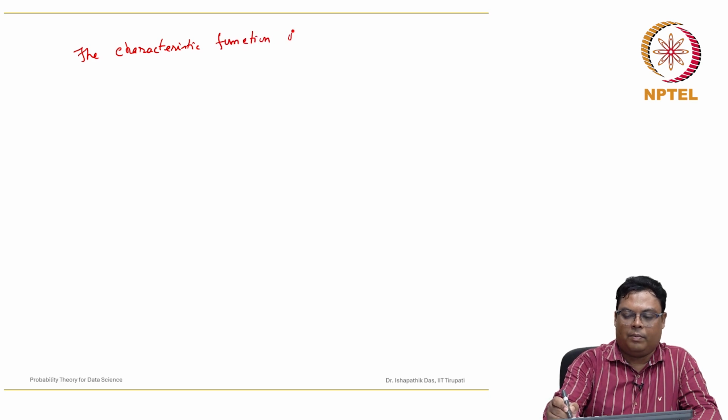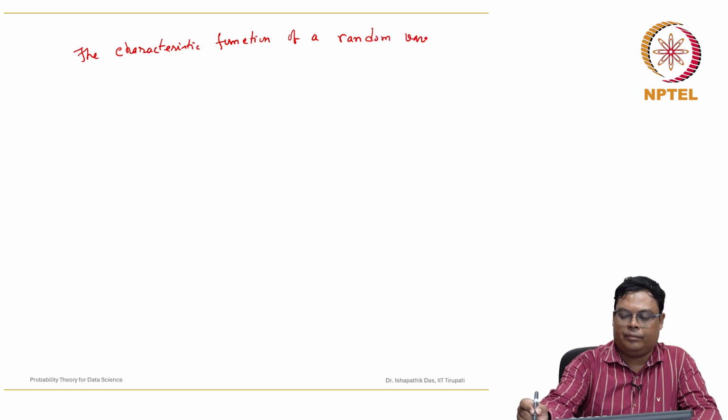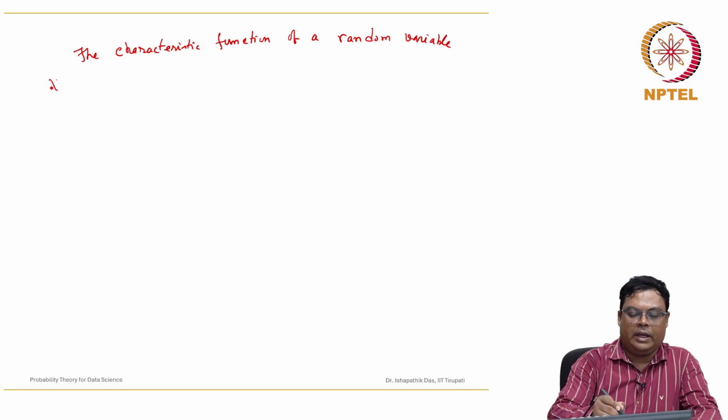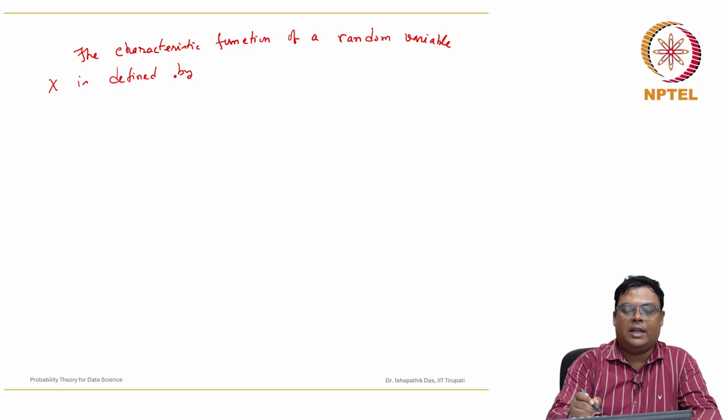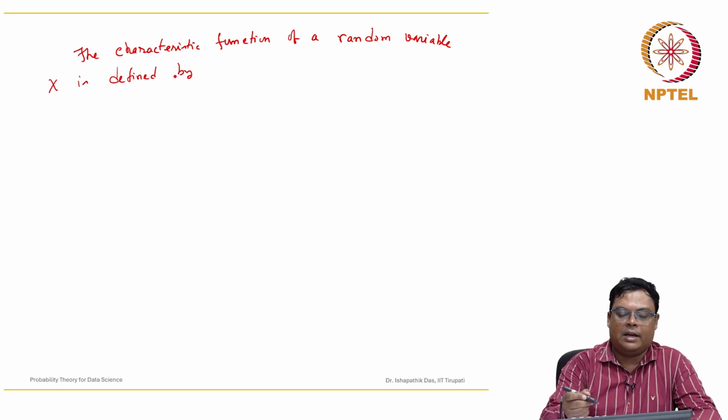the characteristic function of a random variable X is defined by, so it is very similar to the moment generating function but with a little modification.